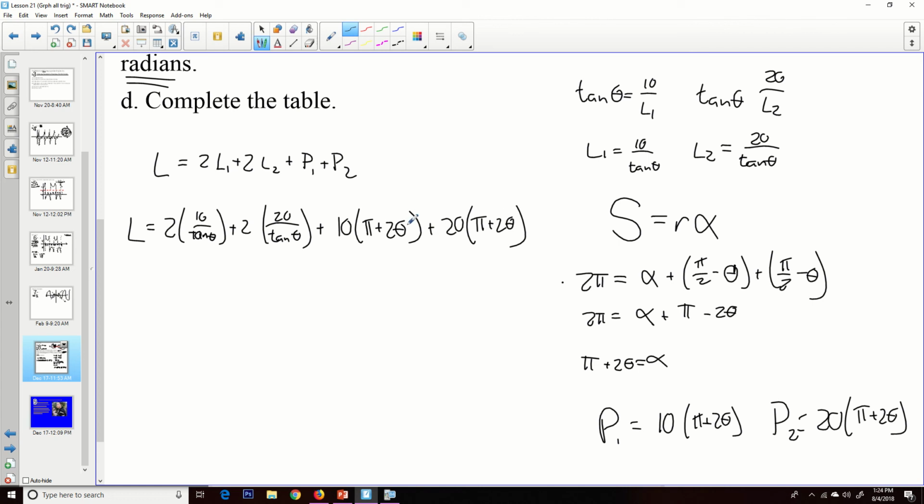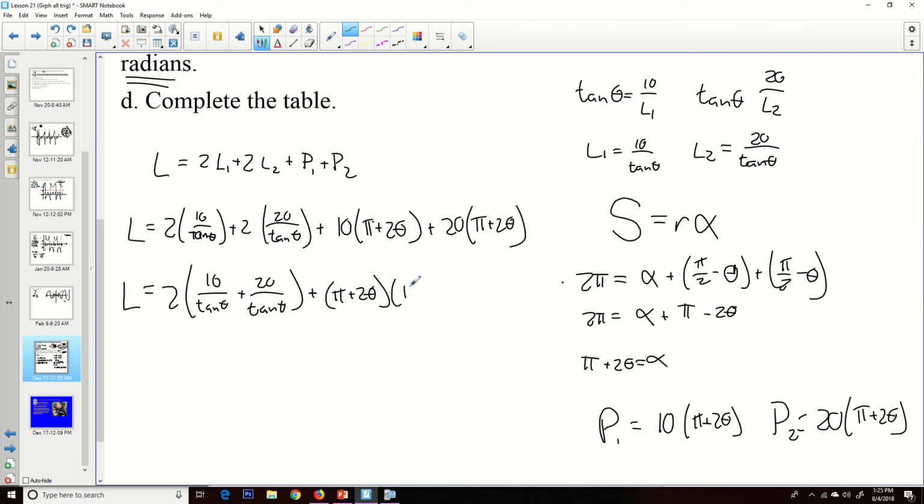But let's simplify just a little bit at least, and say L is equal to, well, let's factor out a 2 from both of these, because I got a 2 here and I got a 2 here. So 2 times 10 over tangent theta plus 20 over tangent theta. And while we're doing that, let's factor out pi plus 2 theta out of these two terms.